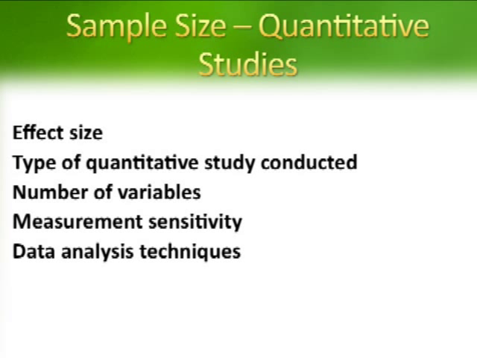If an effect size is large, you only need a small sample. If the effect size is small, you're going to need a large sample. So, you need to know the level of significance, the estimated sample size, and the effect size to do a power analysis to determine how many people I have to randomly choose to be in my study.